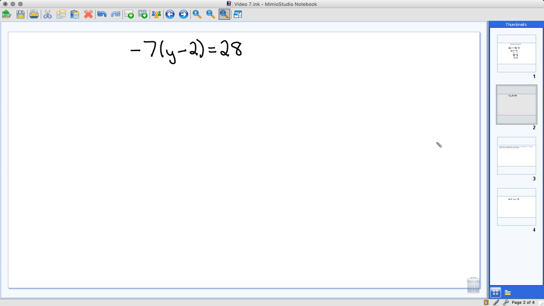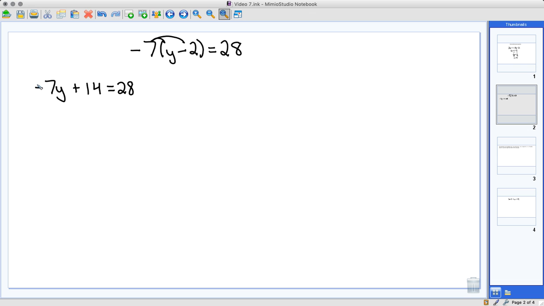All right, next problem. There are actually two different ways to solve this. Most of you, first thing you see is the distributive property. So you get negative 7y, because negative 7 times y is negative 7y. Now, here's where we have to be careful. If I take negative 7 times a negative 2, that becomes a positive 14.